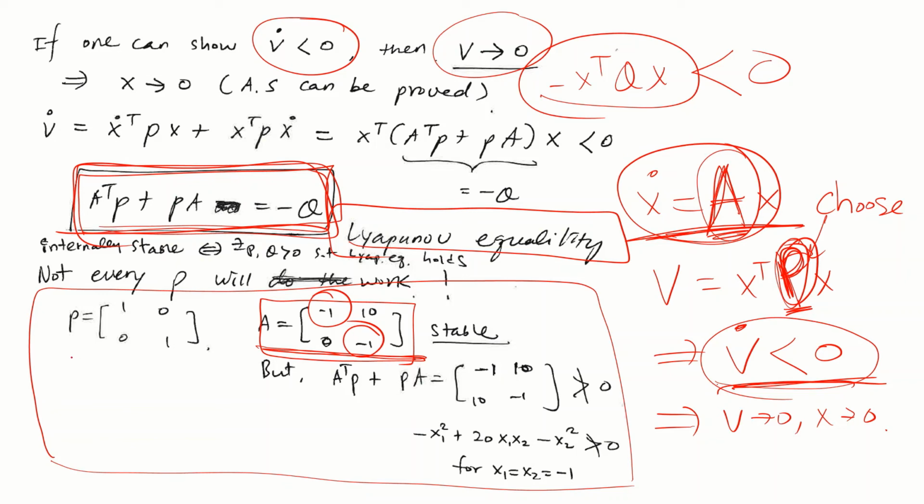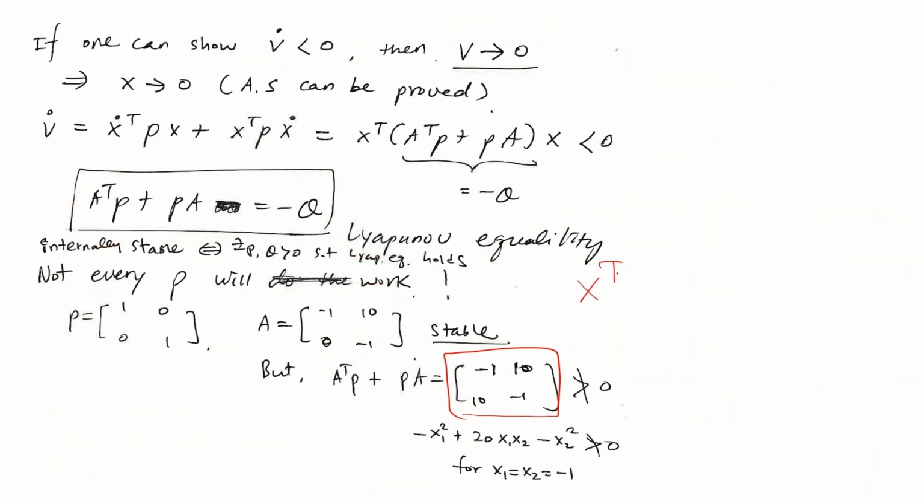But if we choose P like this, so P is simply the identity matrix, then you can check that A transpose P plus PA will be this one, and this is not positive, this is not minus Q. You can check x transpose, now this matrix here, minus 1, 10, 10, minus 1.